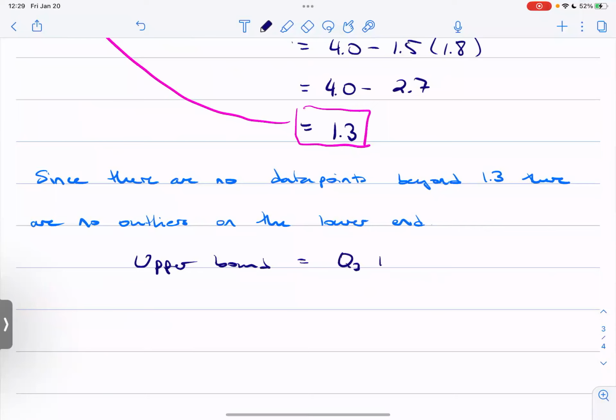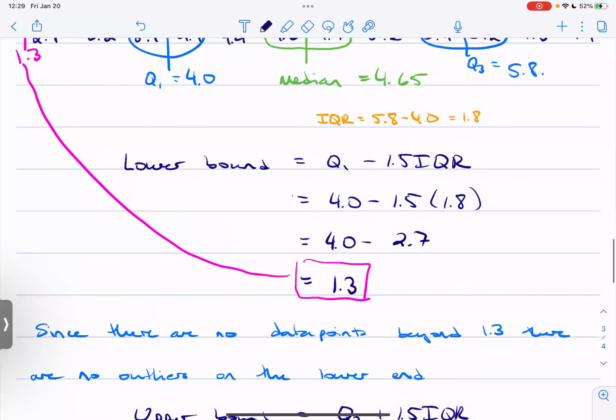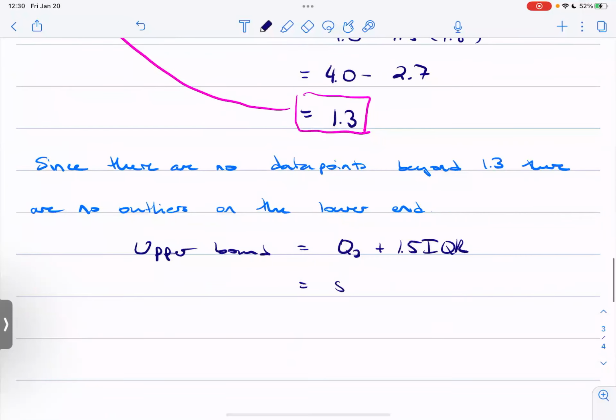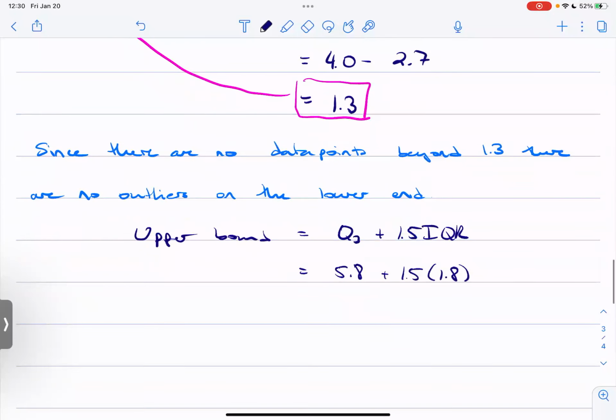Remember, it's Q3 plus 1.5 times the interquartile range. Q3 was 5.8 plus 1.5 times 1.8, which I already found was 2.7. 5.8 plus 2.7 is 8.5.